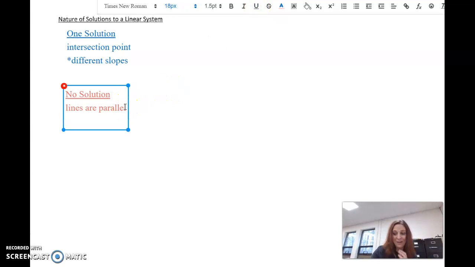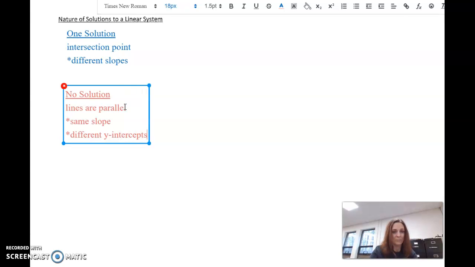And that also means, lots of information here, they have the same slopes, but different y-intercepts. So one solution, no solutions on the graph. One solution, they cross. No solutions, they're parallel. Different slopes, one solution. But same slope though, we have a couple choices.